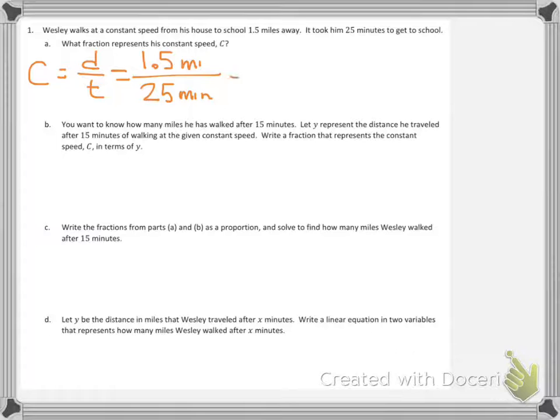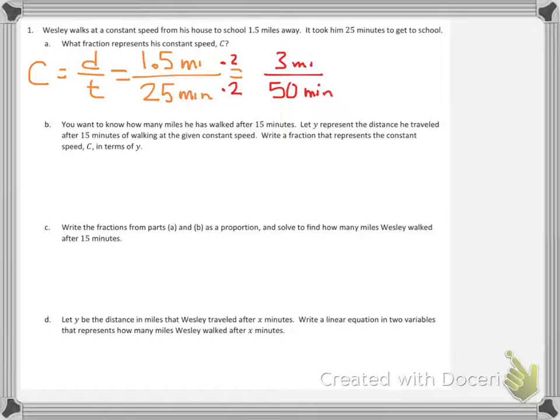The problem is we can't have a decimal in our numerator, so I'm going to create an equivalent ratio by changing this 1.5 into a whole number. I'm going to do that by multiplying by 2. If I multiply the top by 2, I have to multiply the bottom by 2. That's the equivalence of multiplying by the number 1. And that gives me 3 miles and 50 minutes. So there's our constant rate, 3 miles every 50 minutes.